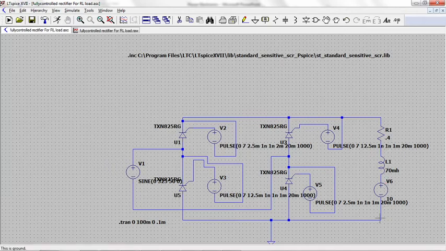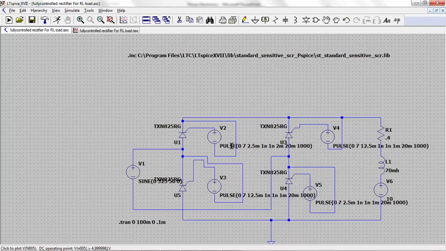Until we fire SCR3 and this SCR, these were in the on state.